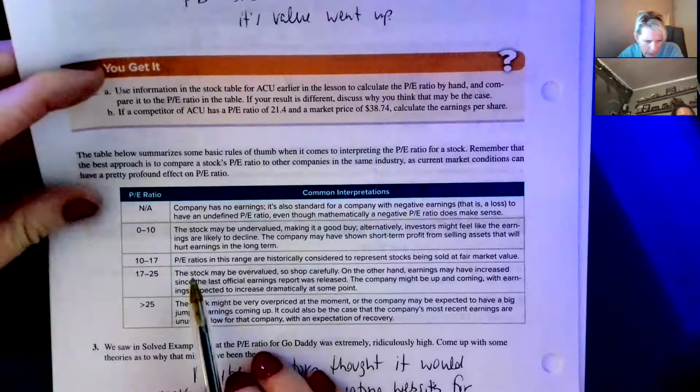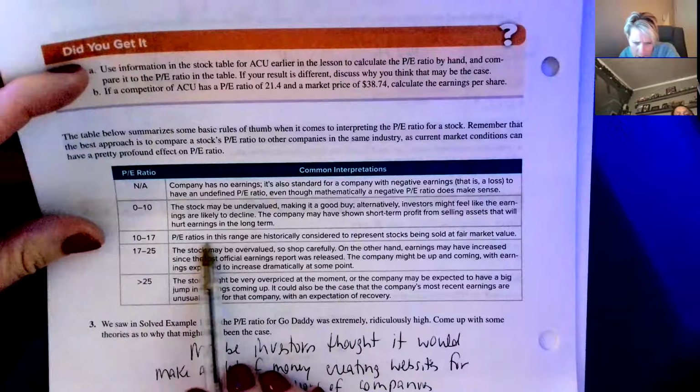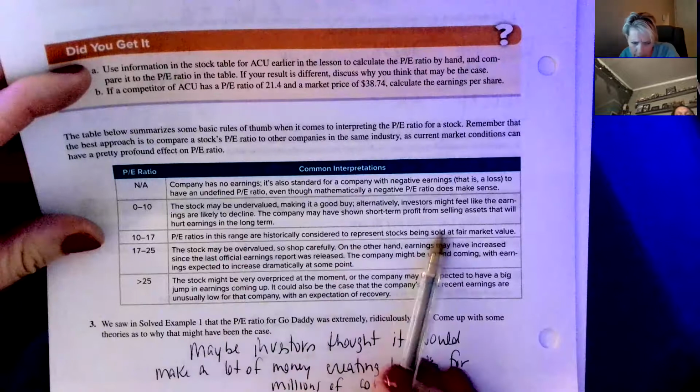So on page 334, they gave us a table on how to compare. And the 13 is here. If the PE ratios in this range are historically considered to represent stocks being sold at a fair market value.